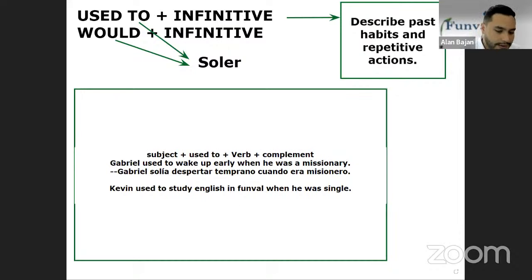So I'm saying that Kevin, in Spanish, solía.